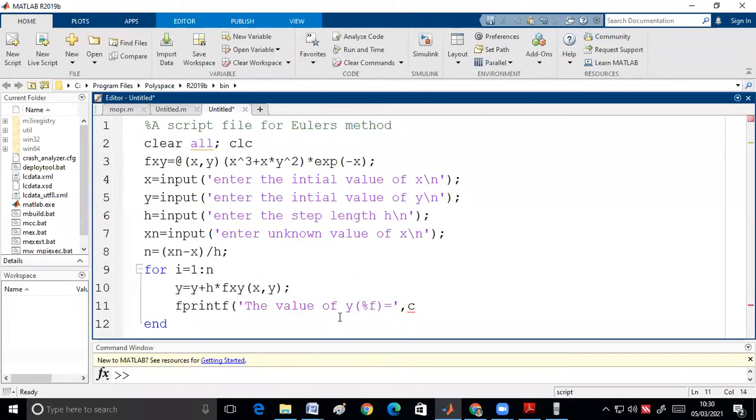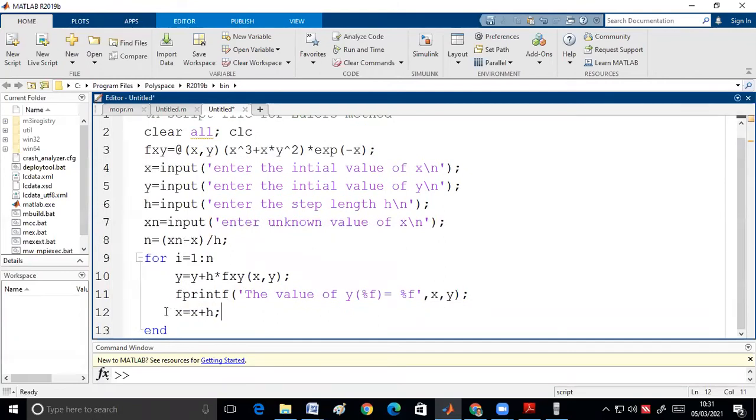The value of y at x is nothing but y of 0.1, then write the new value y. Okay. Now, what is the new value? Now x is modified. X equals to x naught plus h. X is modified, x equals to x naught plus h. Now x new value is x naught plus h.